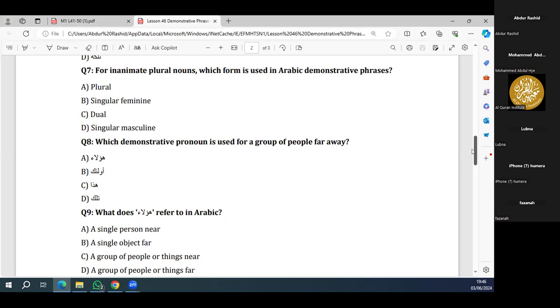Lil karib is when it's near, and the plural of that is haulai. Far would be ulaika. And the feminine far plural would be the same. MashaAllah.